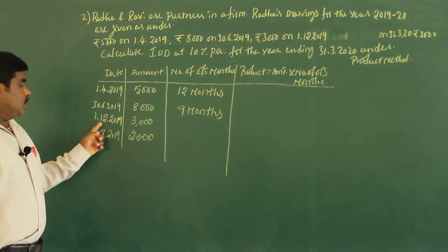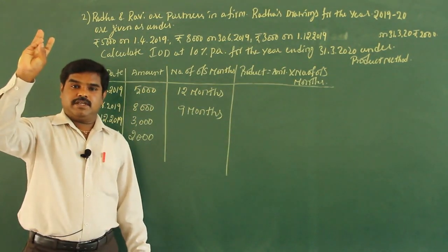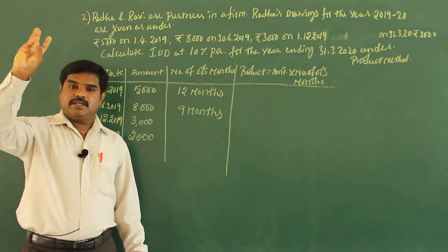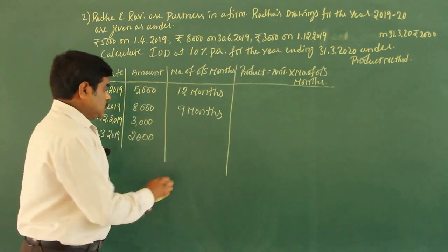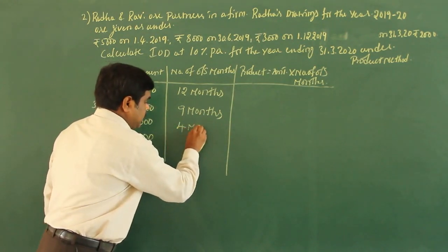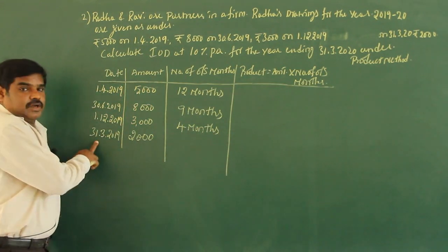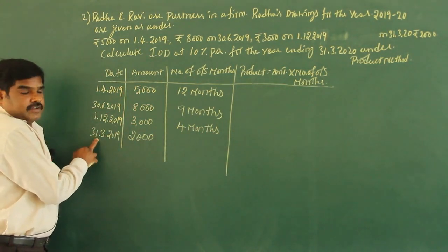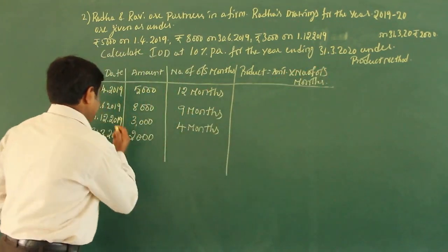Coming to the next one, 1/12/2019: money is drawn at the beginning of December, so you have to include December, January, February, and March. So outstanding months is 4 months. Then coming to the last one, the date of drawing is 31st March, and the accounting year ends in 2020.